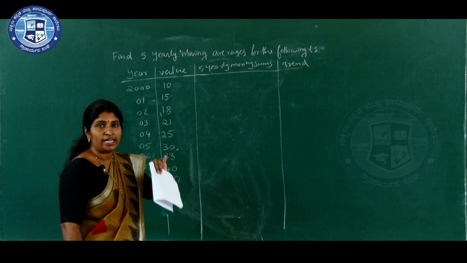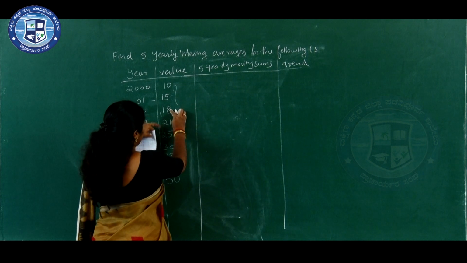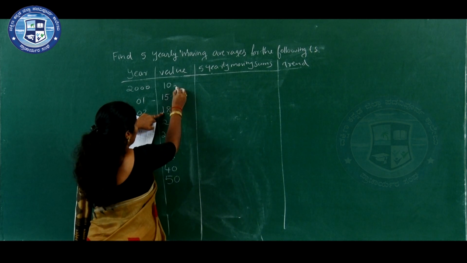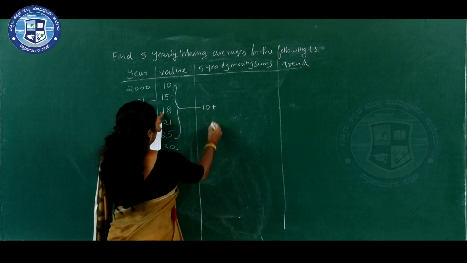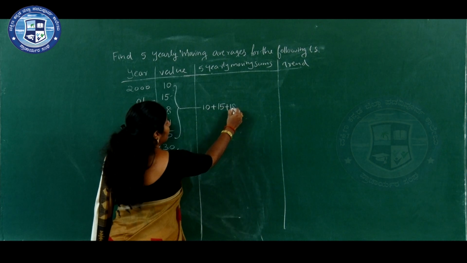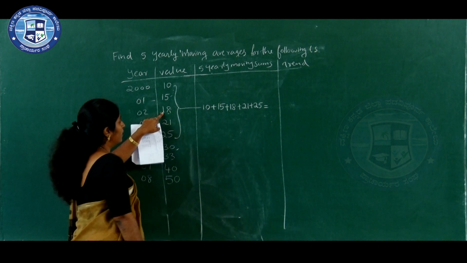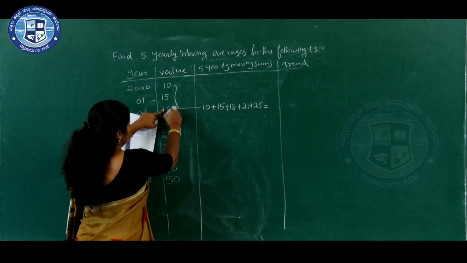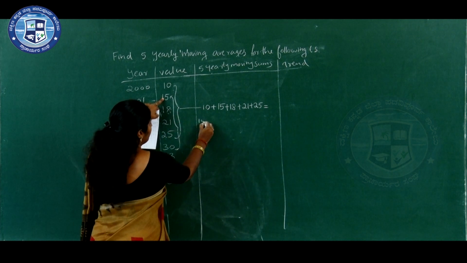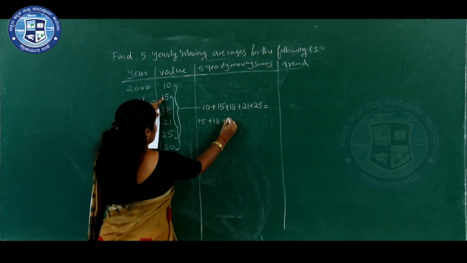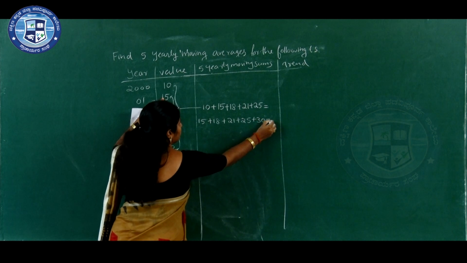In this case, you have to consider 5 values, that is 10 plus 15 plus 18 plus 21 plus 25. Find the total there and consider the next 5 values, that is 15 to 30: 15 plus 18 plus 21 plus 25 plus 30.